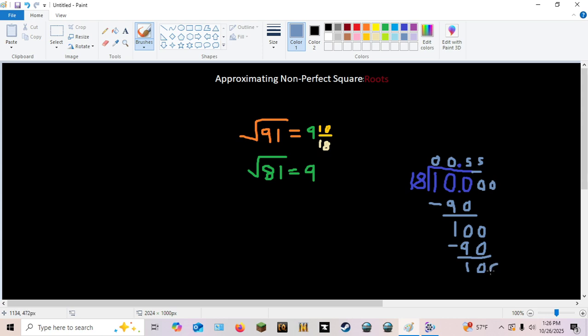Bring down another 0. How many times does 18 go into 100? 5 times.